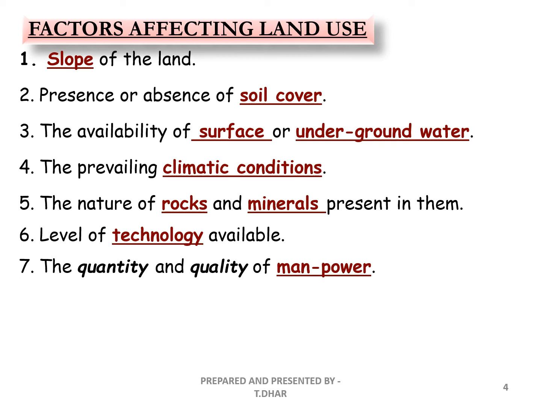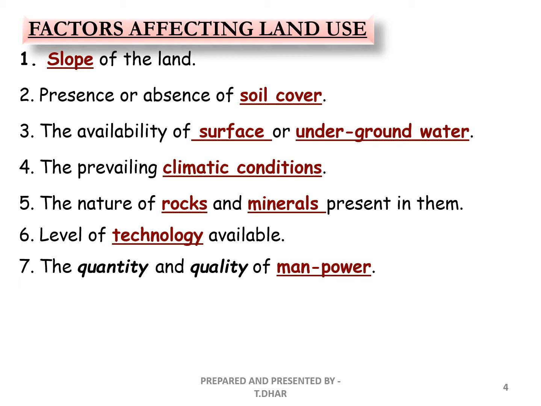Point number 7 is the quality and quantity of manpower. The manpower is one of the most important deciding factors on how land has to be used. The quantity of manpower means the population in that particular place.